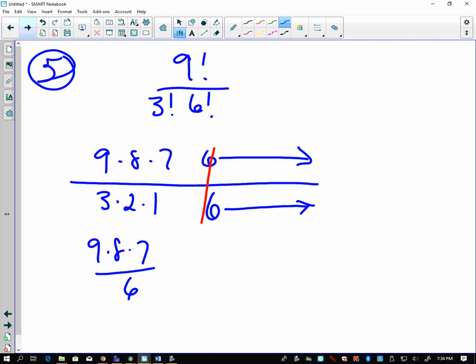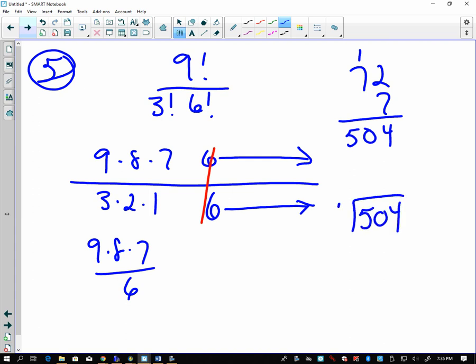Okay? So if I really want to stay true to not using a calculator, I'm going to take my biggest two numbers, 9 times 8. I believe 9 times 8 is 72. I'm going to check that. 72 times 7. Okay, that's 14. 7 times 7 is 49, plus 1 is 50, so I get 504. 504 divided by 6.